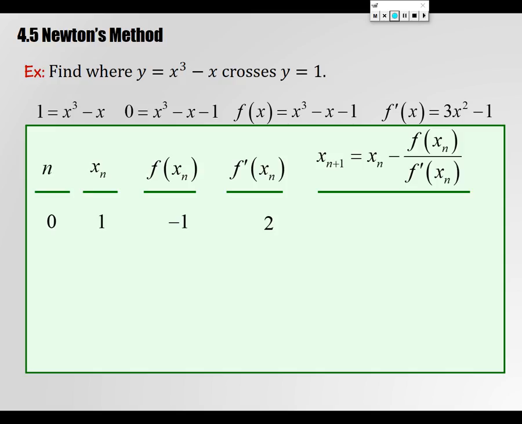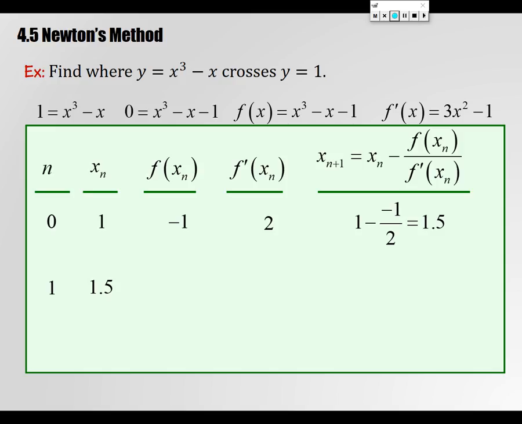That's our original guess, 1 minus negative 1 over 2, which is 1.5. So that goes down here for our second iteration. Here we go. Now we're ready to go into our second iteration. This is x1, 1.5. Do it again.